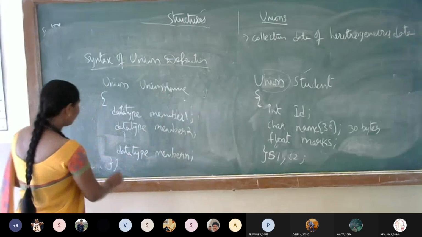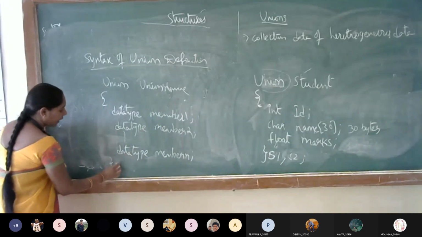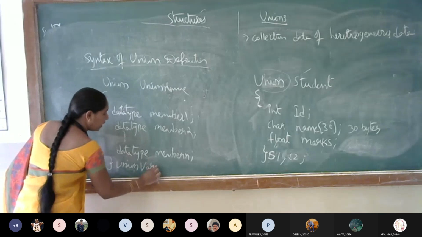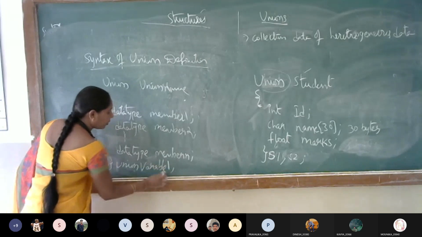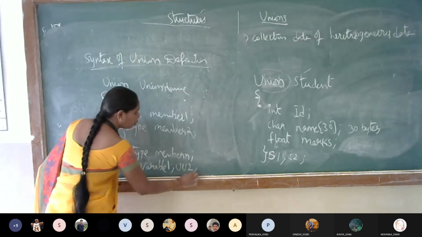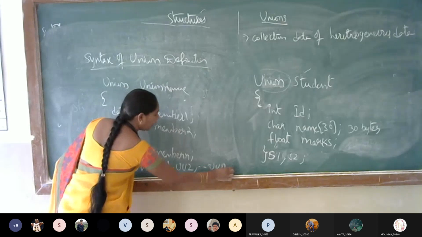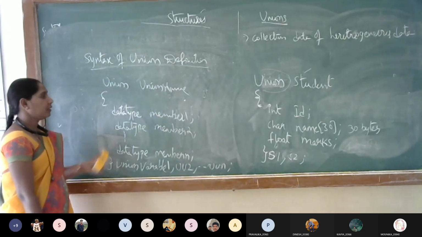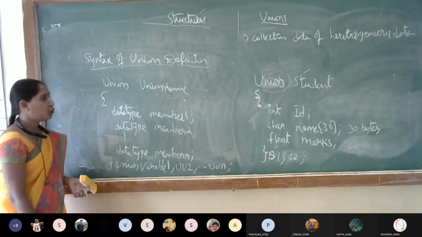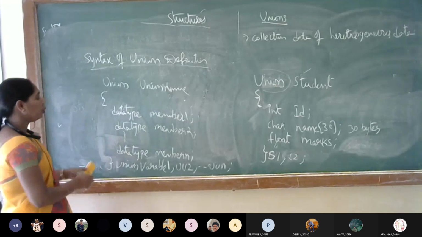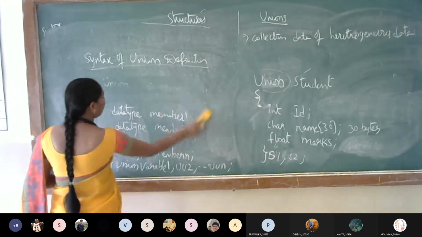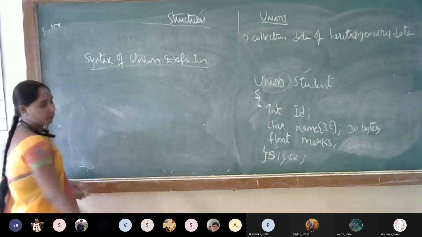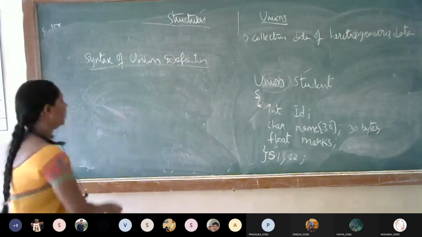So, syntax వచ్చేటప్పటికి ఏముంటుంది? Just remove this and specify here union variable 1, comma union variable 2, so on to union variable n semicolon. Okay, that is the way. And inko method lo em cheyochu? The second method, you can do the declaration like this.